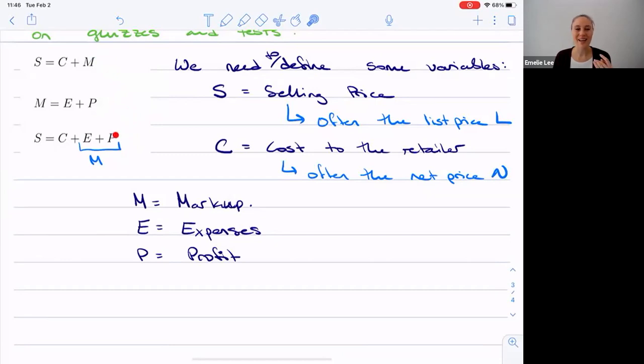And what if all I've told you is the selling price and the markup? Then if you're trying to use this formula, it makes it hard because you don't have the individual expenses and the profit. So then you would use this formula. If you have the expenses and the profit, you can just jump right into this formula. So the information that we're given determines which of these formulas to use.